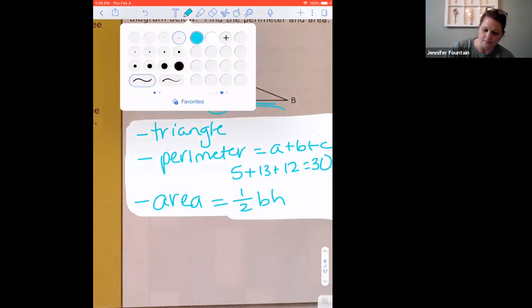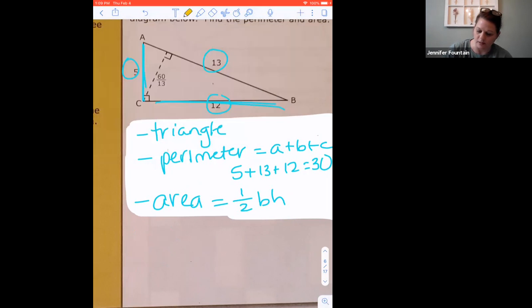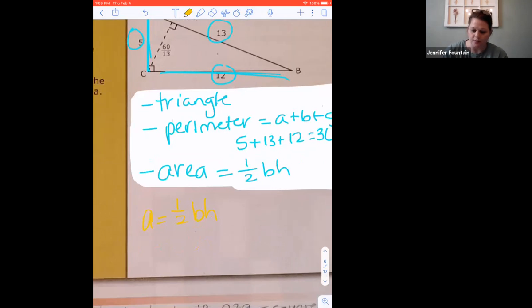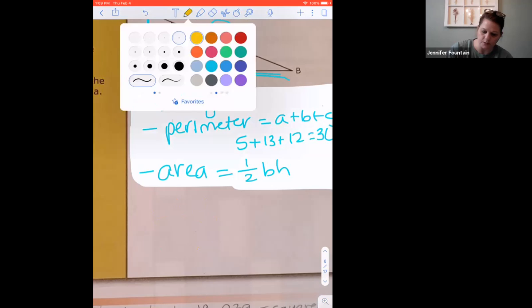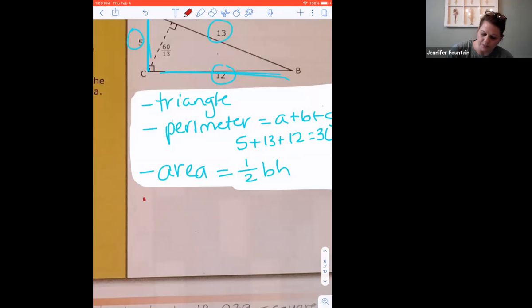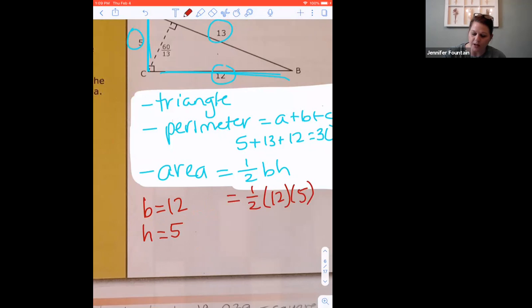Okay. So area equals 1/2 base times height. Oh, hold on a second. Let me rewrite those real quick. Sorry. And actually, I think I might make it red. I think that'll stand out more. Okay, sorry. We just said that B is equal to 12 and H is equal to 5. So when I do 1/2 BH, I've got 1/2 times 12 times 5.